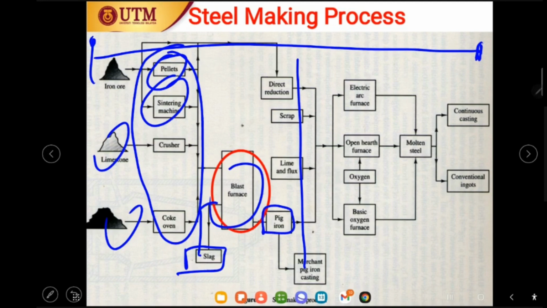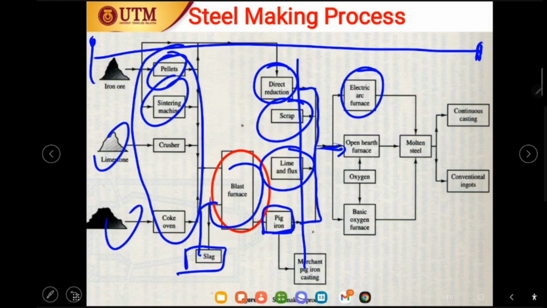The pig iron will be added with other materials, for example the reduction from the iron ores, and then we add some iron scrap and lime as a flux, and then we burn it further using either an open hearth furnace or an electric arc furnace.